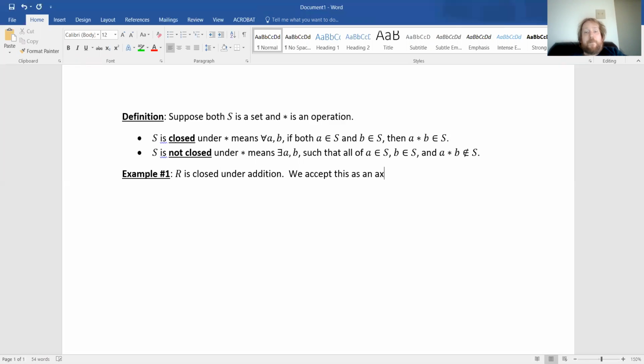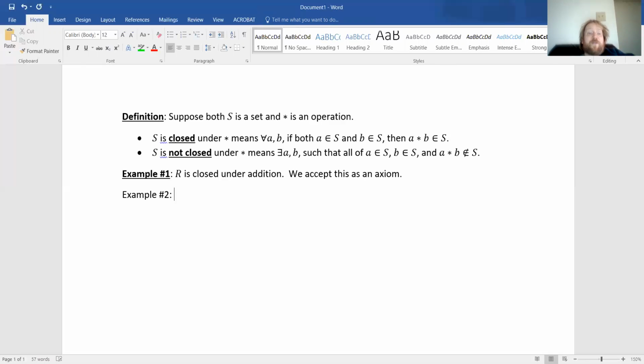Now, what this is saying is if both A is a real number and B is a real number, then A plus B is also a real number. Anytime you add two real numbers together, you get a real number. This is something we can accept without proof.